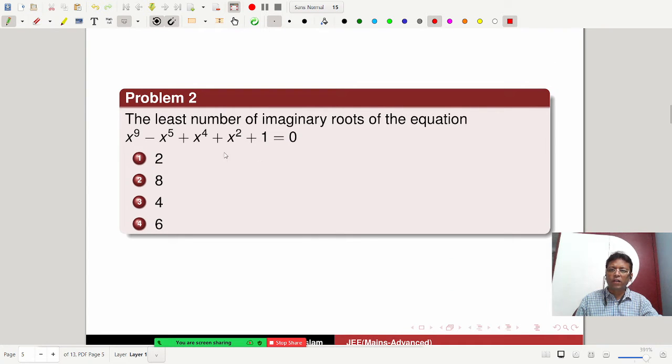So look at that. What are the variations? Suppose this equation is f(x). The signs are plus, minus, plus, plus, plus. How many variations are there? You see there are 2 variations. So the number of positive roots of the equation is 2 or 0.